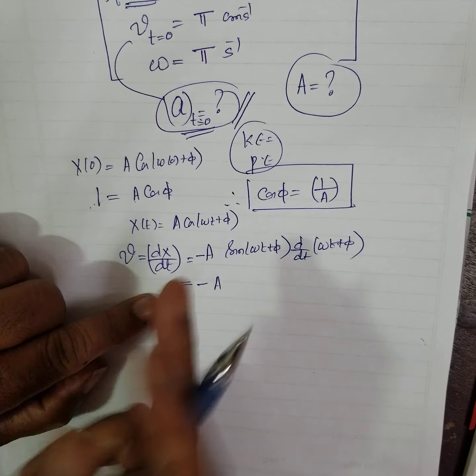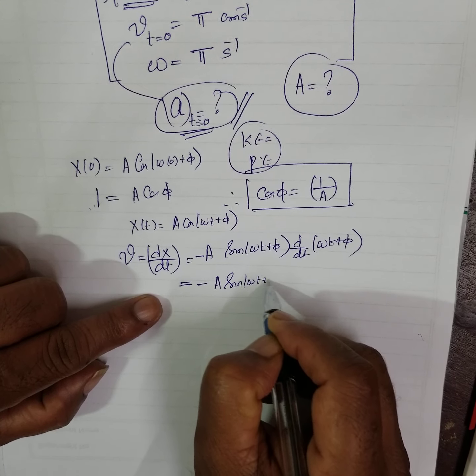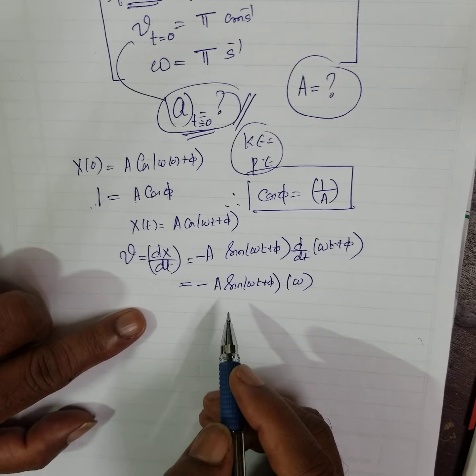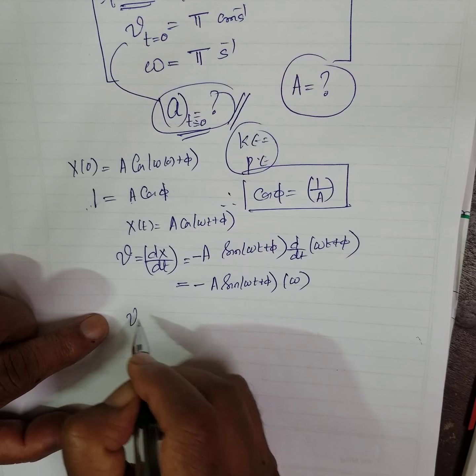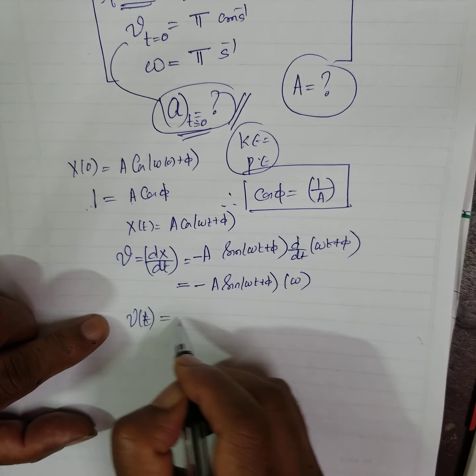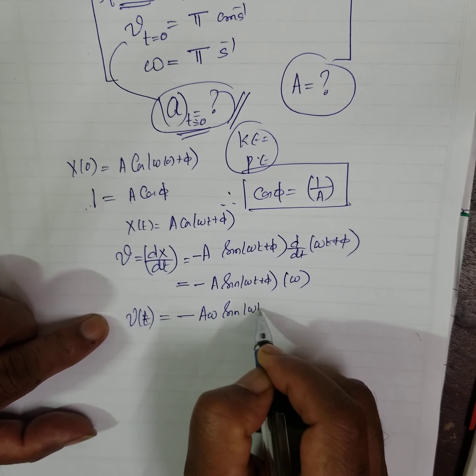See, this will happen only if you have derived already. Therefore, velocity is a function of t only now. Velocity as a function of t is equal to minus a omega sin omega t plus phi.